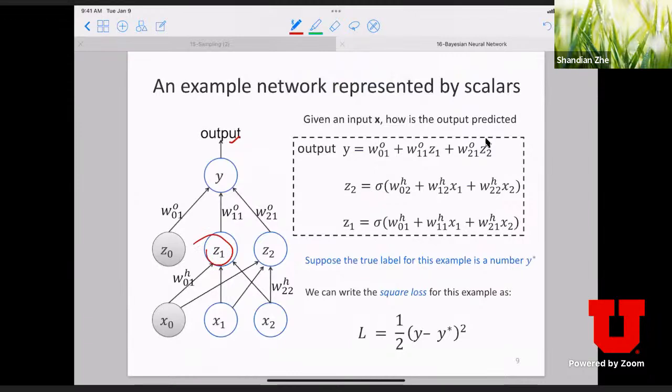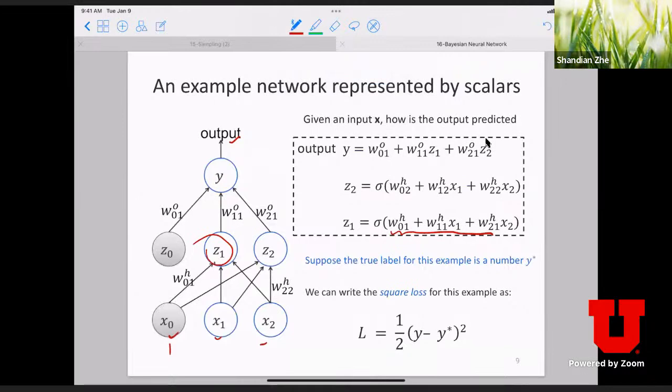So Z1 is computed by a linear combination of all the neurons connecting to Z1 in the previous layer, which is the input layer, right? So it's a linear combination of x0, x1, and x2. As we mentioned, x0 is simply 1. And the weight is staying on the edge connecting to Z1.